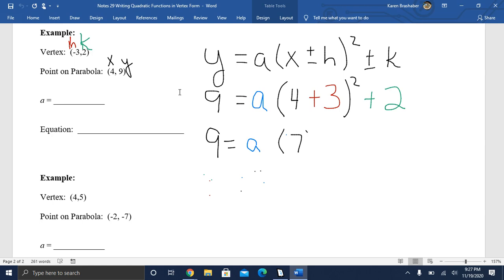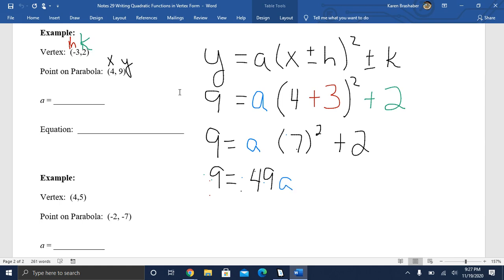This is just 7 to the second power plus 2. All right, so 9 equals, 7 to the second power, 7 times 7 is 49. The A is times the 49. We would typically write it after the 49 and then plus 2.